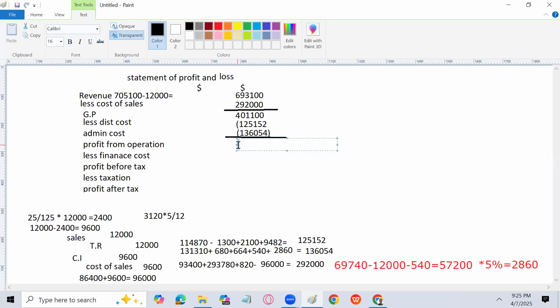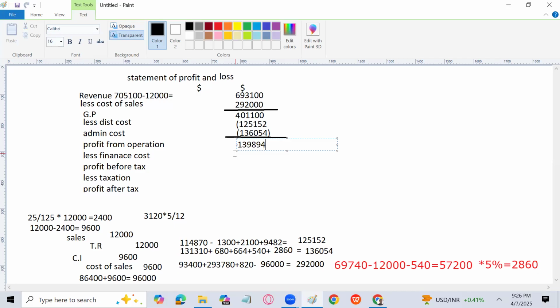What is the answer for the profit from operation? 401,100 minus 125,152 and minus 136,054. So 139,894 is going to be the answer of the profit from operation, 139,894.